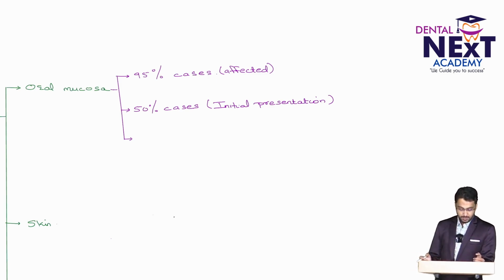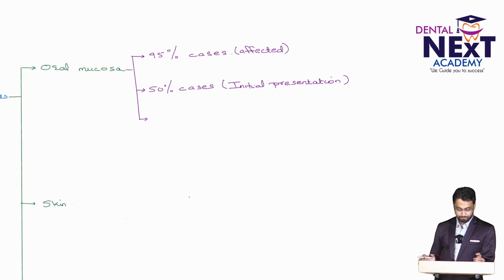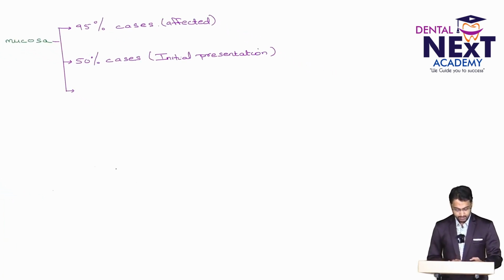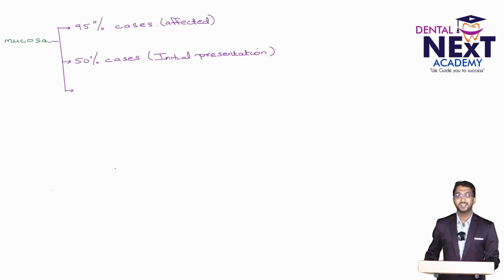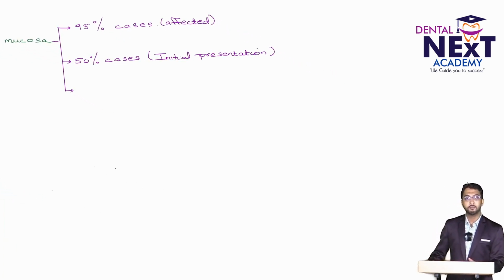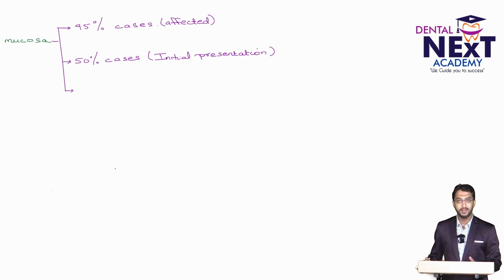Anyways, fine. 50% of cases, it's an initial presentation. They won't have anything related to skin or ocular mucosa. They just have oral lesions. So many of the ulcers you see, which you think are normal ulcers, could be pemphigus.